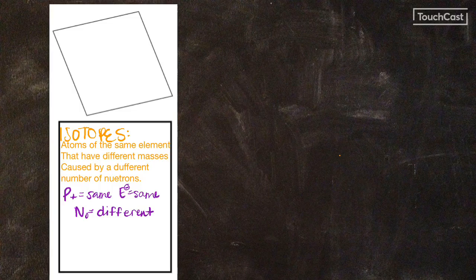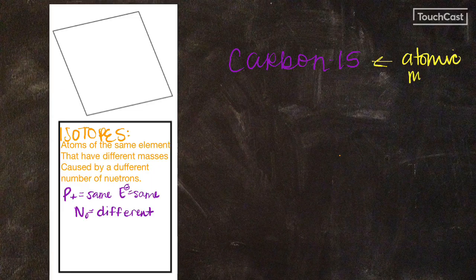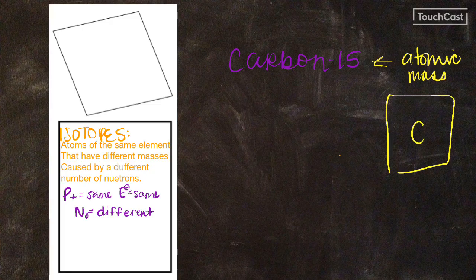Now, with that being said, the way that this is denoted is by the number that's on the outside. So if I have carbon 15, this number on the outside, as we went over in our notes, is my atomic mass. If we look at our element box of carbon, it's got an atomic number of 6 and a mass of 12.01.